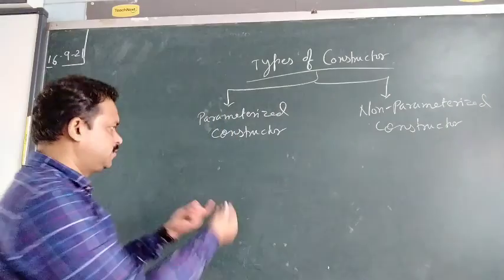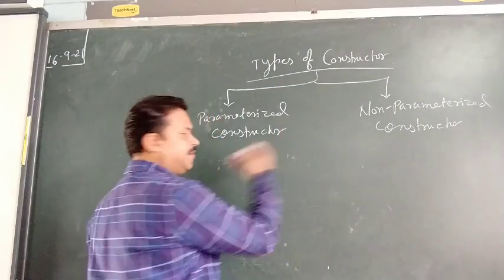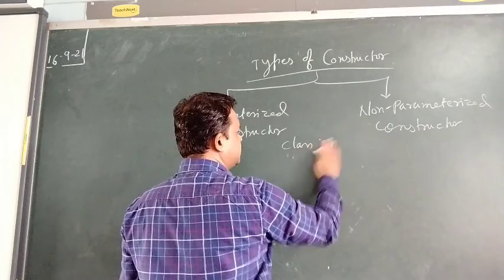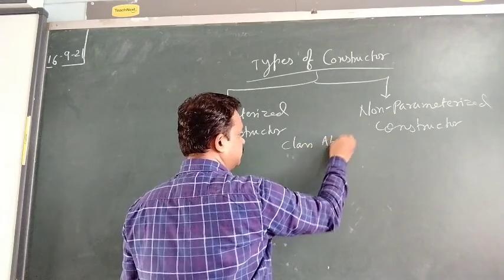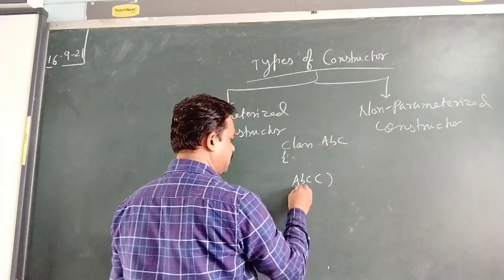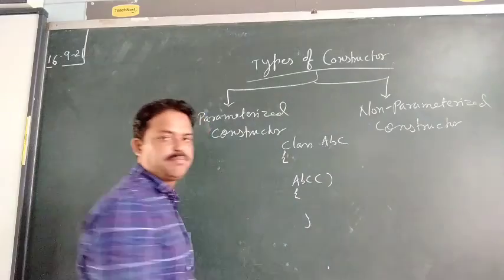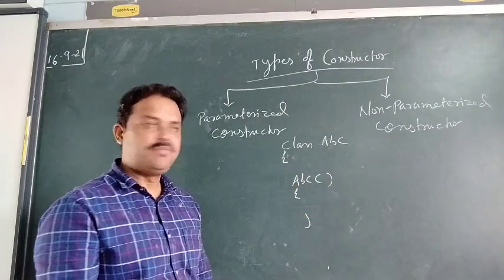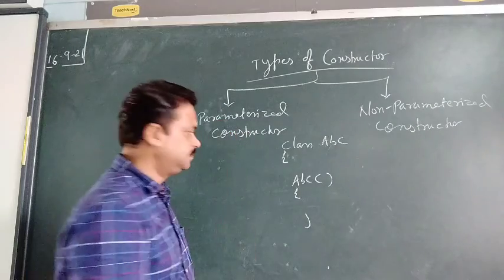If you want to take examples, in one example we can discuss both the points. Suppose there is a class ABC, and you are making a constructor ABC with no parameter. This is your non-parameterized constructor, as I do not have any parameter. And what is the meaning of a parameterized constructor?